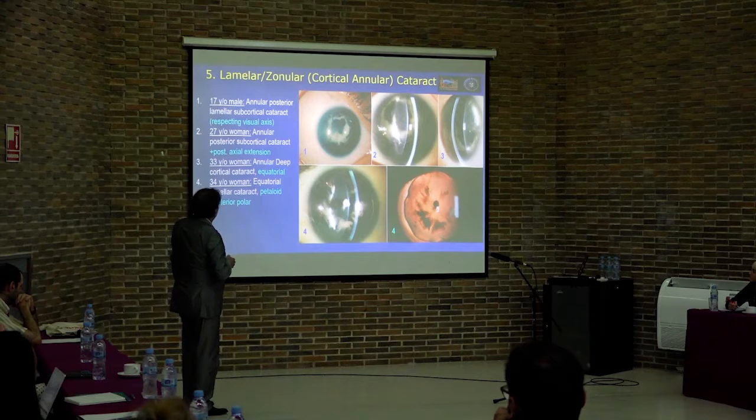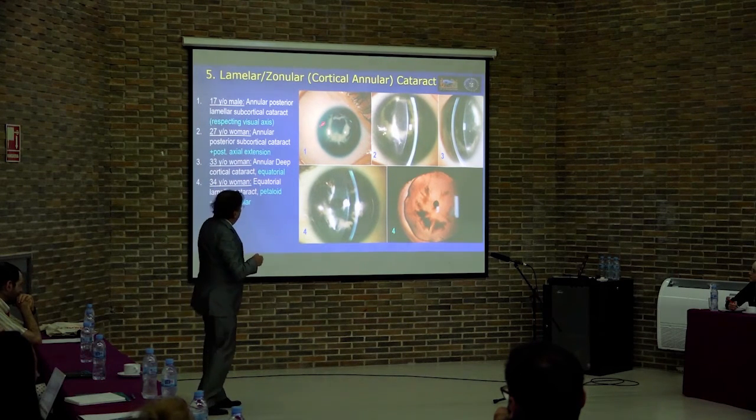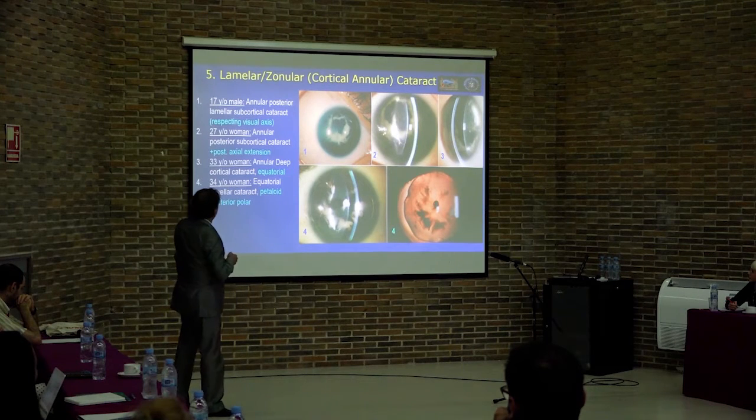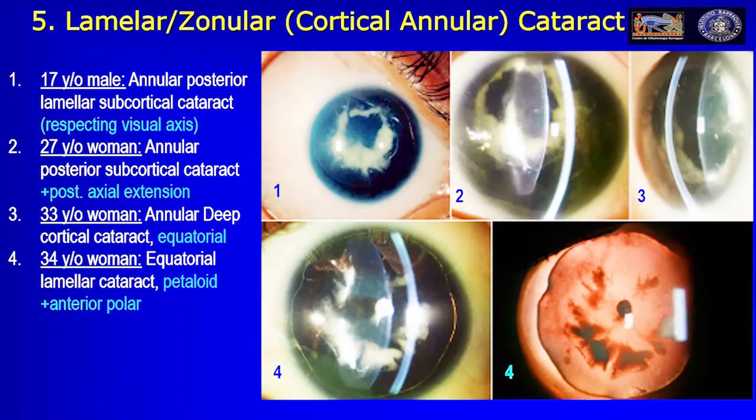These are 3 different cases. You look, the pattern looks quite similar. 17-year-old, 27 and 33, with this annular posterior lamellar subcapsular cataract, which respects relatively the visual axis.